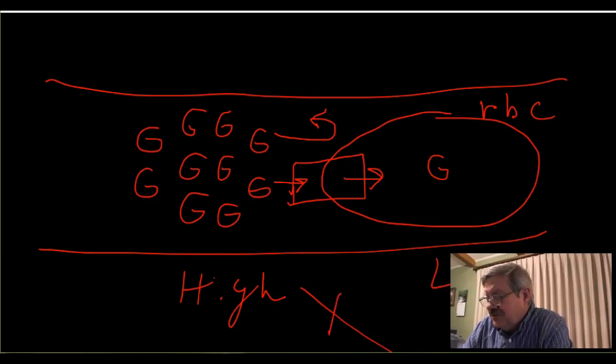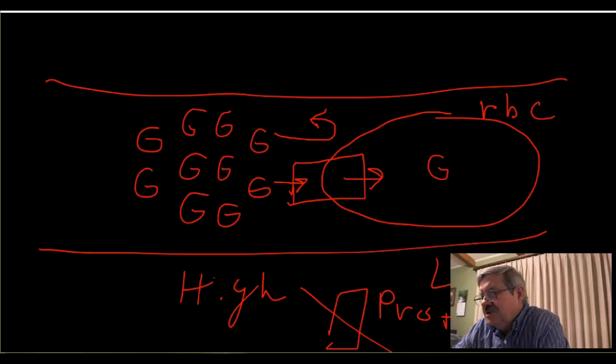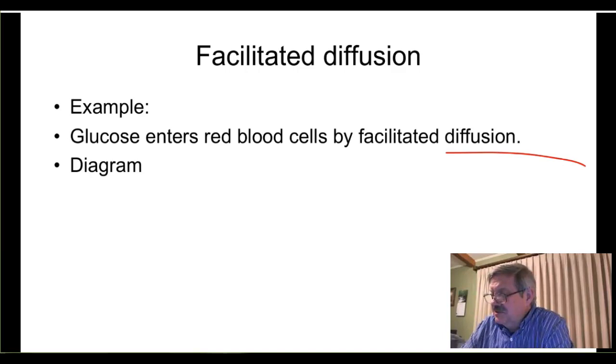It just has to go through a protein in order to move across that membrane. So this is still diffusion, and it is facilitated or made possible by the protein. So this is a passive process since it is going downhill. Anytime it's diffusion, it is a passive process.